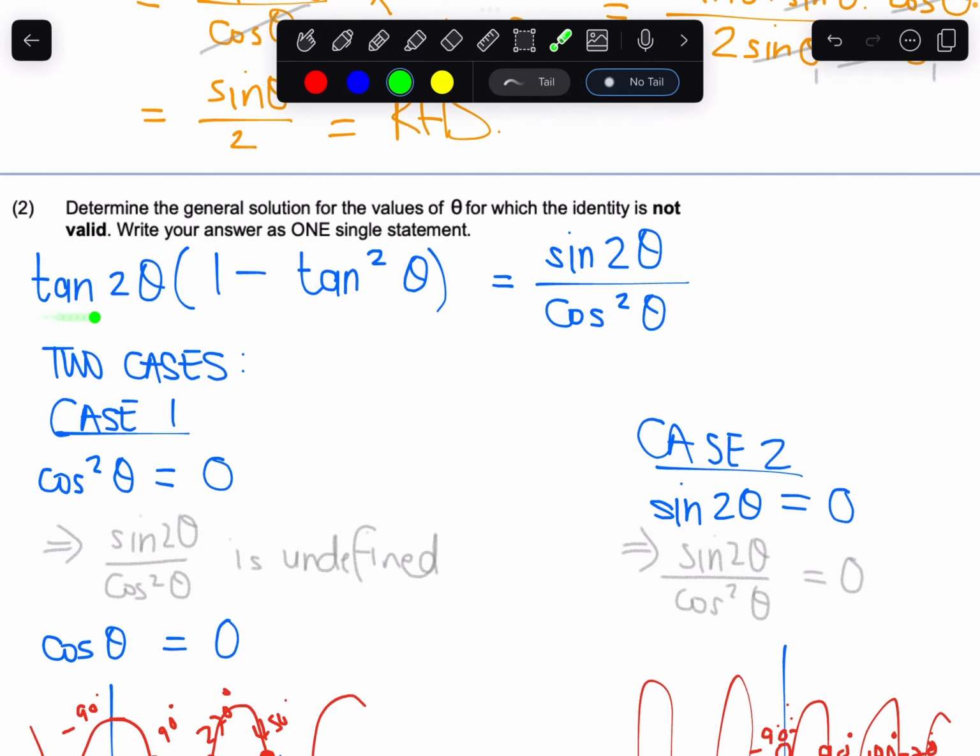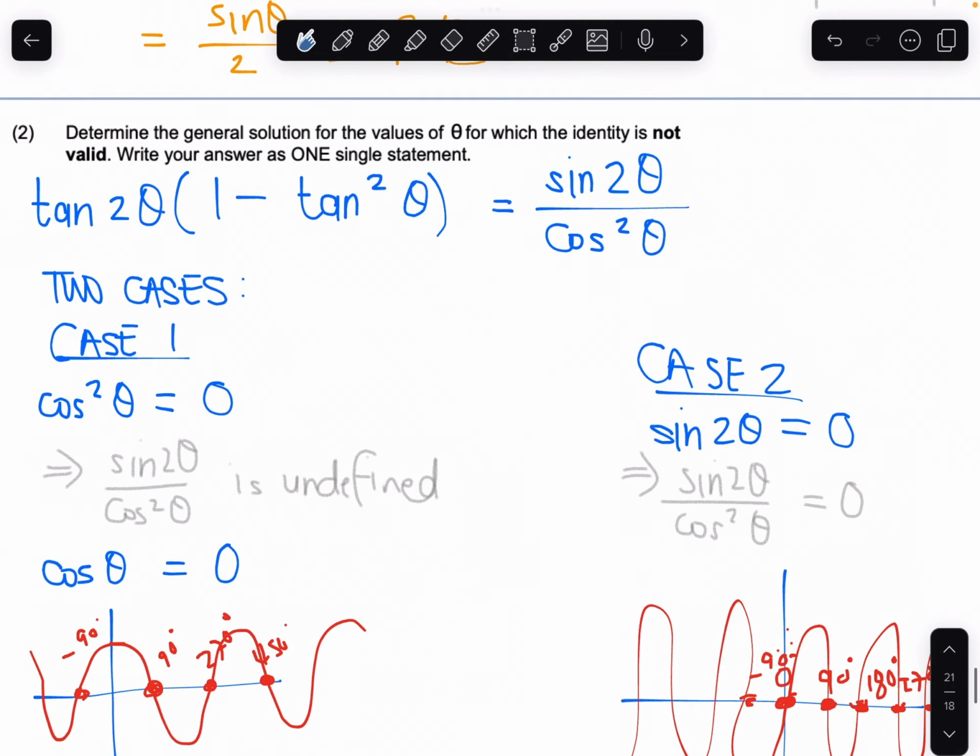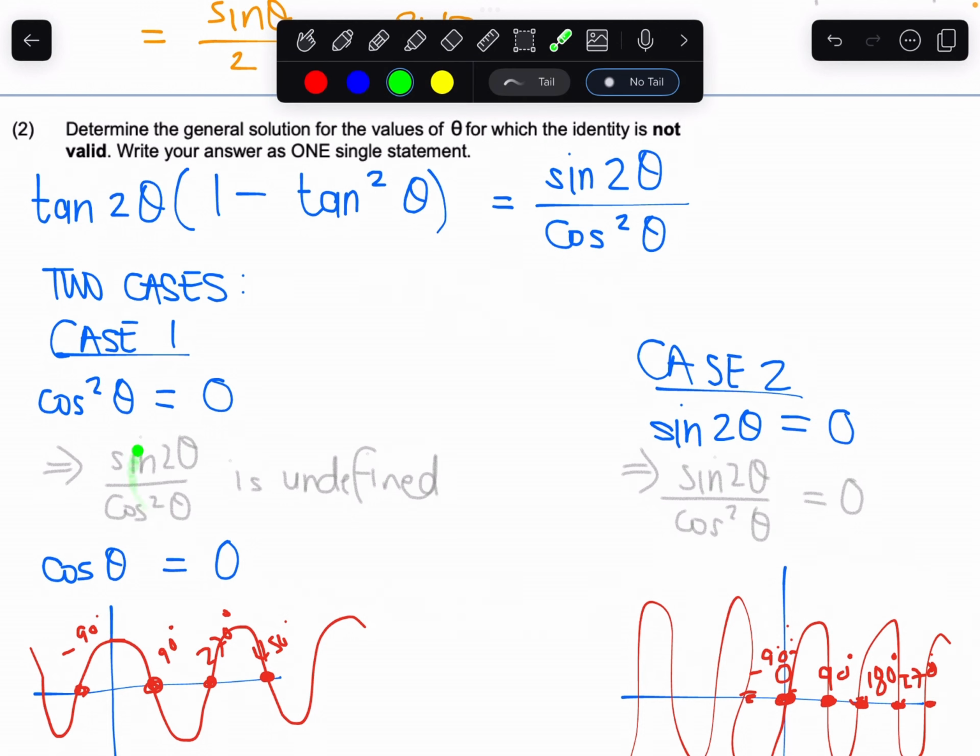We're also dealing with tan of 2 theta, where everything is happening twice as quickly. So the asymptotes are a bit more frequent. Hey, I'm not sure about this approach of mine. Okay, so I want to look at approach number 2. And then I'll come back and figure out whether this was solid.